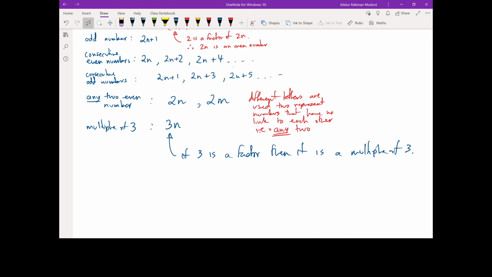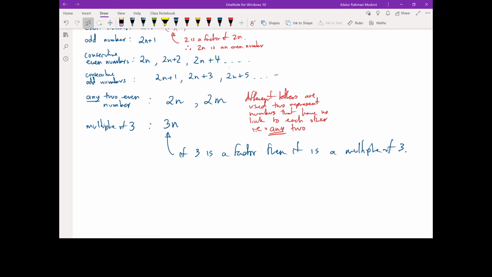You can try it. 3, 4, 5, 6. 4 is a multiple of that. You can try 4, 5. 4 is a multiple. 8 is a multiple of 4. So whenever you have 4 consecutive numbers, or however many consecutive numbers there are, one of those numbers is going to be a multiple of however many of those numbers you have.